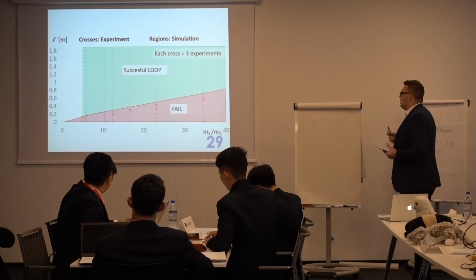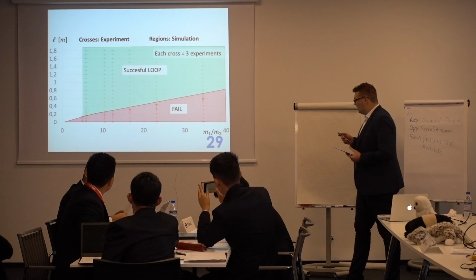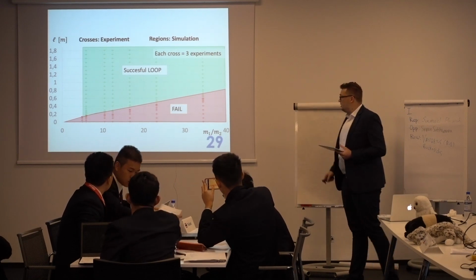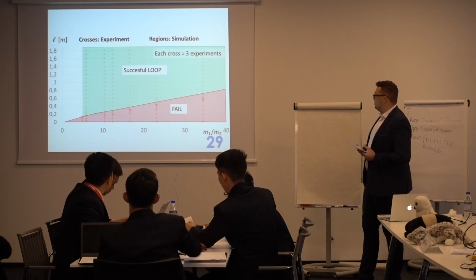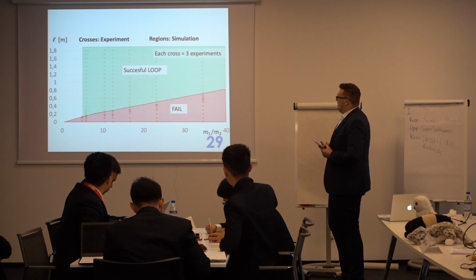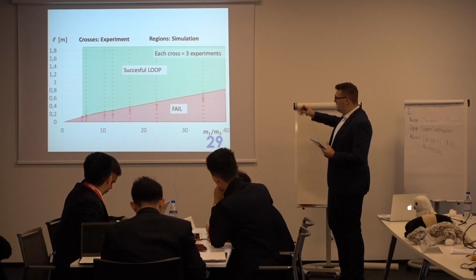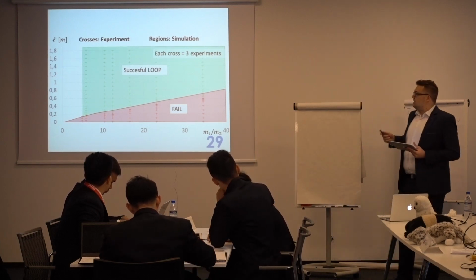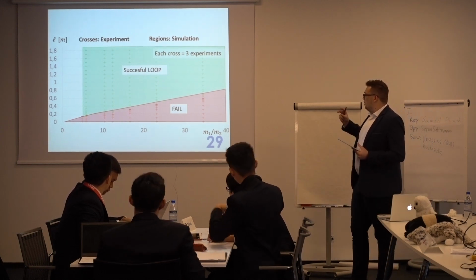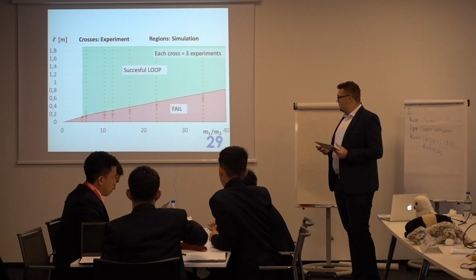Where do we observe the loop? The crosses are the experiments, and the regions are from the simulation. We can see that as we increase the length of the rope, we obtain more of the successful looping.